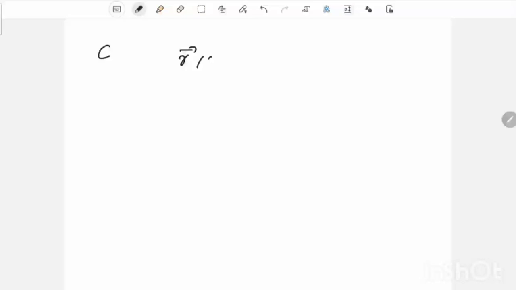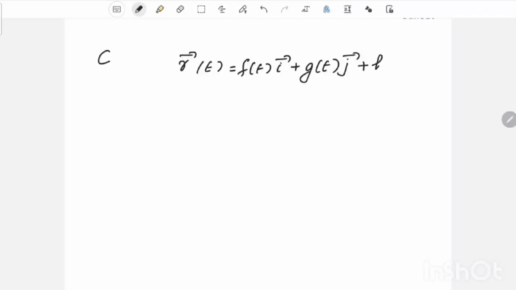Vector r of t is equal to f of t vector i plus g of t vector j plus h of t vector k, where t is an element of I. Here the parameter interval I is a time interval and r of t indicates the position of the plane at time t.